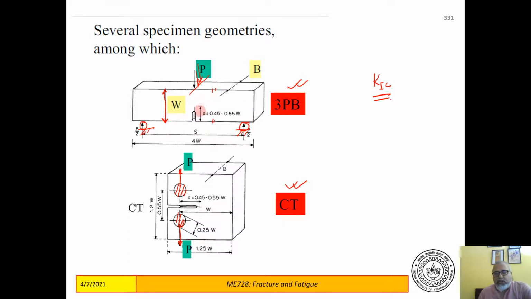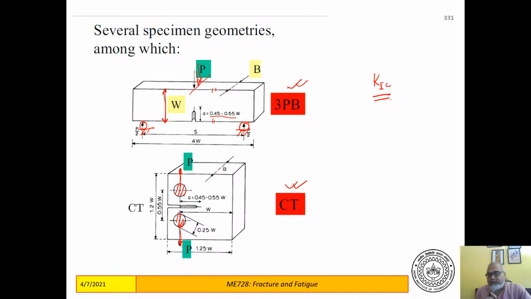So we want to simulate as much as possible a crack tip that is not under the effect of boundaries, which will ensure that our LEFM fields, which were derived in the Williams solution for a crack tip residing in an infinite body, are valid to the extent possible. So we want this crack tip to be far from the free boundaries, and the suggestion from the standards is that it has to be roughly half the width of the specimen. So these conditions have to be fulfilled.